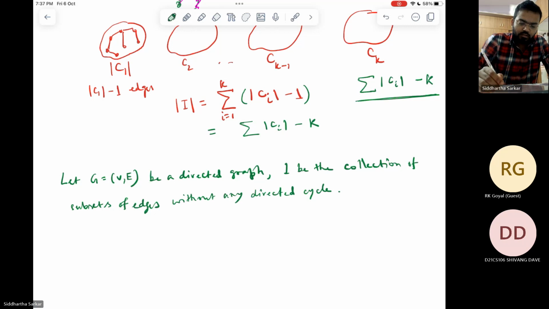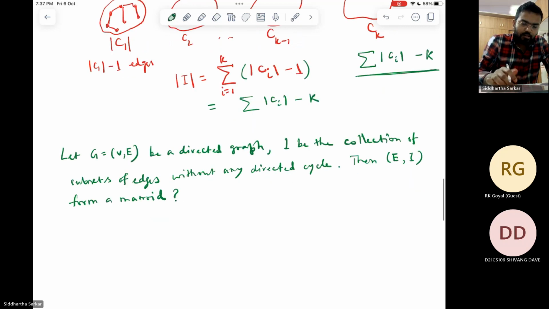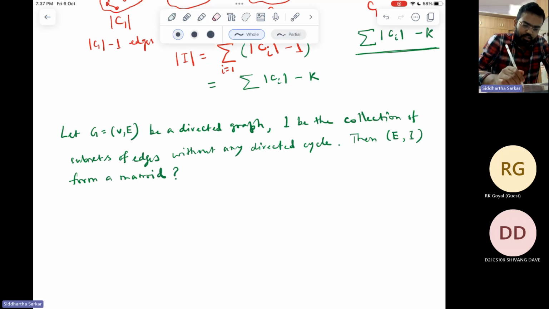Question is, does (E, I) form a matroid? So this is a statement. I have to tell you whether it is true or false.